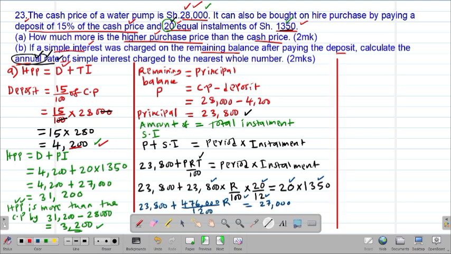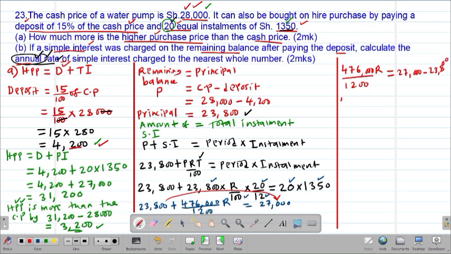So for us to get the value of R, we are going to proceed as follows. I'm going to collect the like terms. So I'll take this one towards the right hand side, so that I'm remaining with 476,000 R divided by 1,200 being equal to 27,000, then of course minus 23,800 shillings.